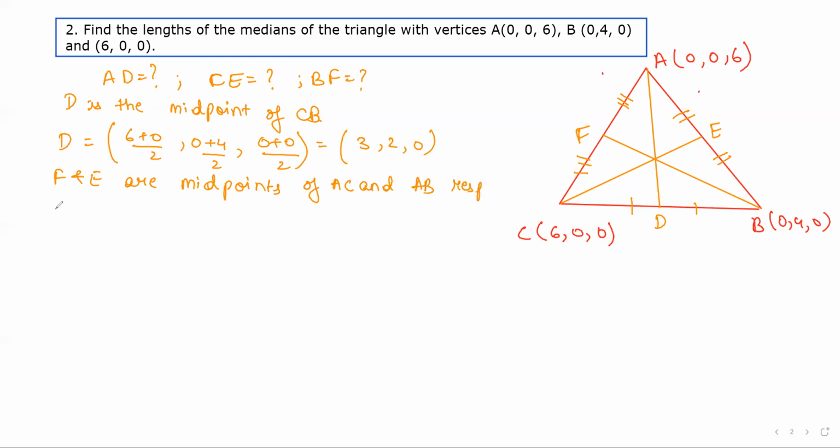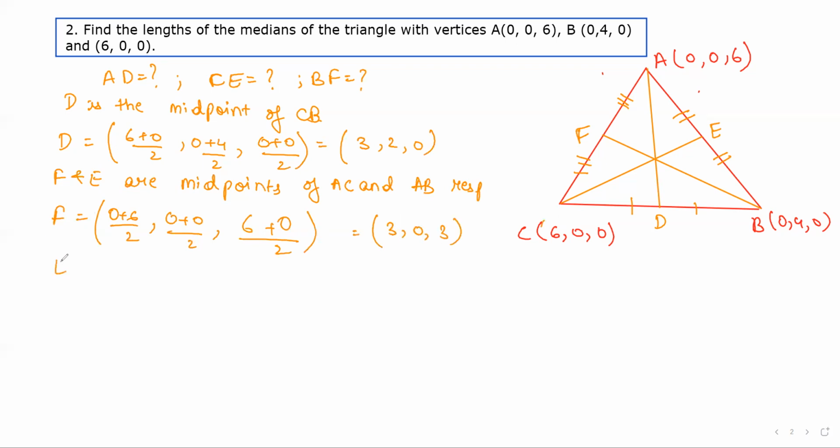Therefore, we can get the value of F, applying the midpoint theorem, as (0 plus 6) divided by 2, (0 plus 0) divided by 2, and (6 plus 0) divided by 2. This will be equal to (3, 0, 3).